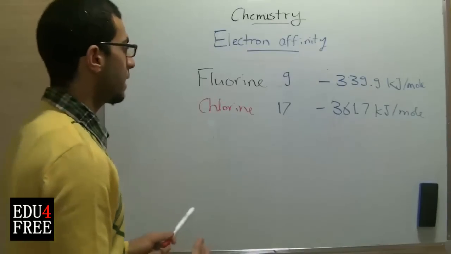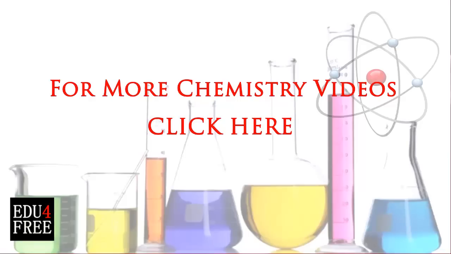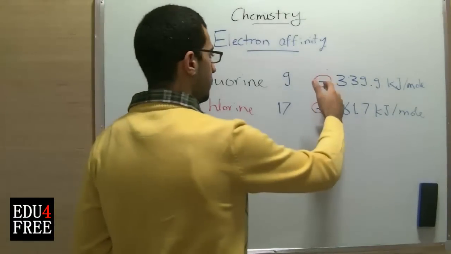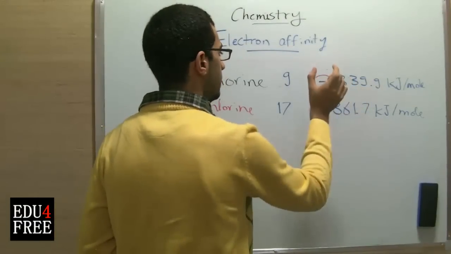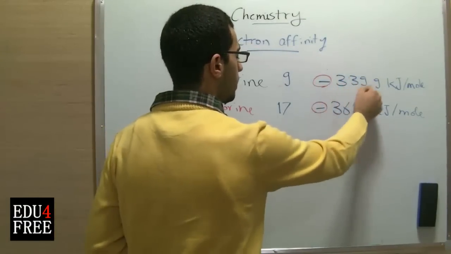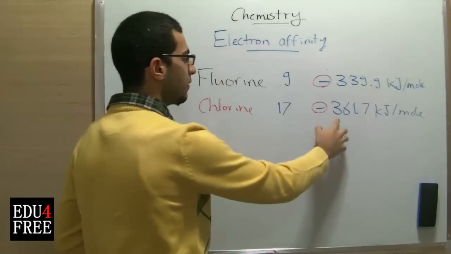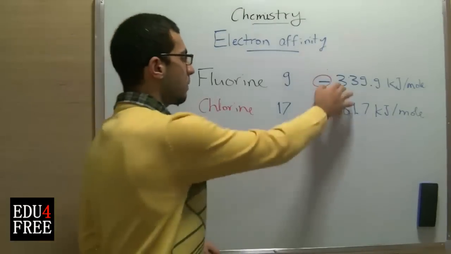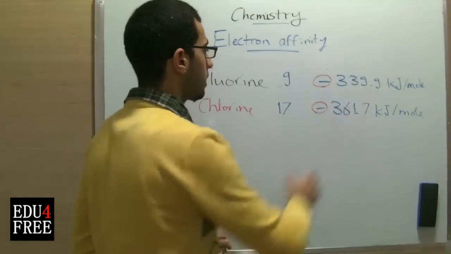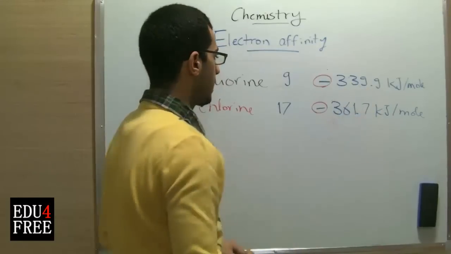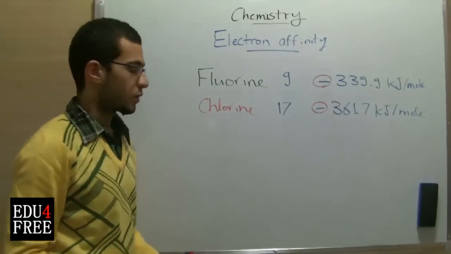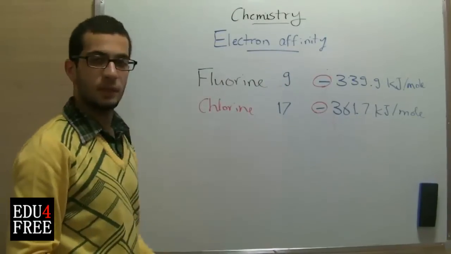Now, as we said, the negative sign doesn't have to do anything with the actual value of heat, because if this number is negative 339.9 and this is negative 361.7, as a value this number will look greater than that one, but actually it is less.